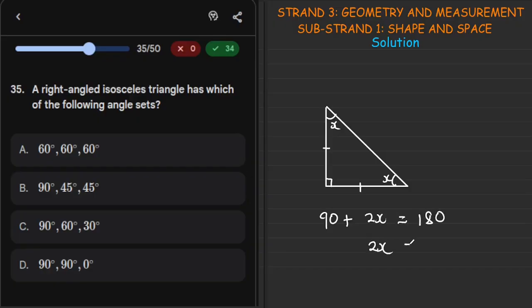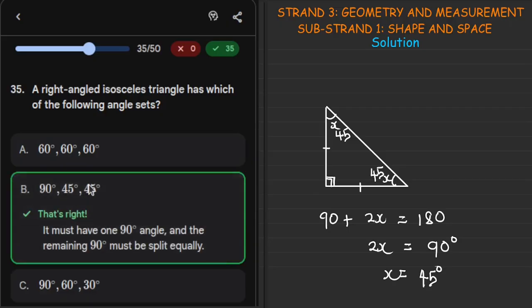So our 2x, when made the subject, 90 moves to the other side, and then we get what? 90 degrees. So solving for our x, we get x equal to 45 degrees. So it means this is 45 degrees, this is also 45 degrees, and we have our 90 right here. So it is 90, 45, 45. That is B.